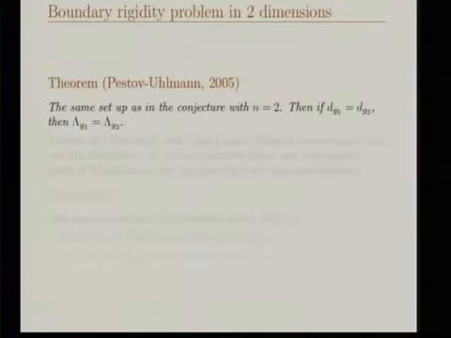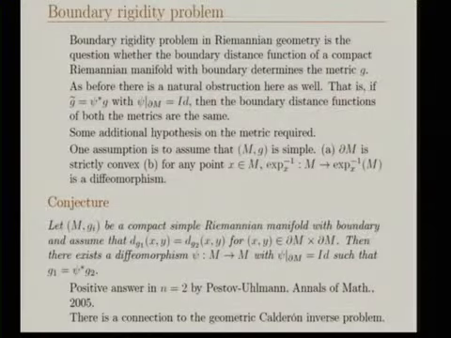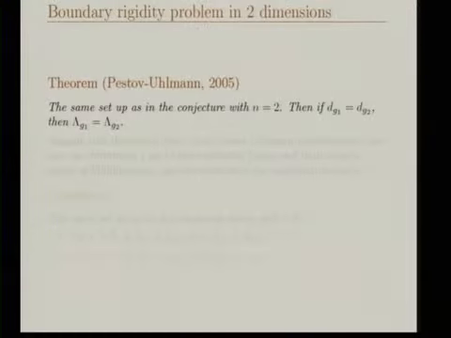So the connection is this result, the same setup as in this conjecture. You have compact simple Riemannian manifolds with boundary, with the boundary distance functions being the same. Then in 2 dimensions, what they prove is that if dg1 is equal to dg2, then the corresponding Neumann maps, corresponding to the Laplace-Beltrami operator, the geometric Calderon problem, are the same.